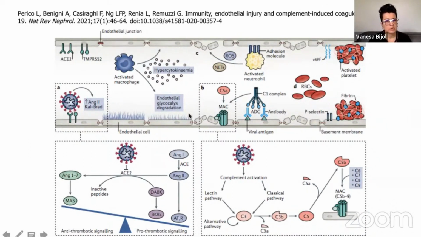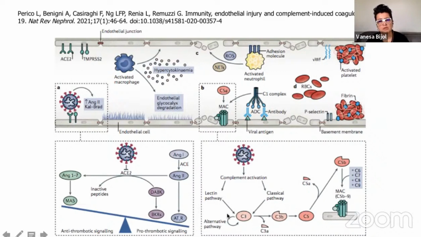So other possible explanations included indirect effects through activation of macrophages that also can be infected themselves, and then they can trigger this cytokine release and cytokine storm that can interfere with various functions of the endothelium and lead to prothrombotic changes. Also, as the ACE2 is part of the picture and it gets downregulated through the infection, obviously you may change certain signaling that may lead to prothrombotic events.